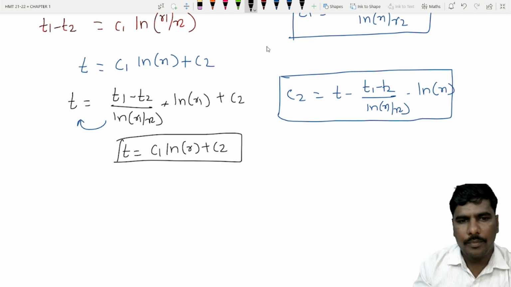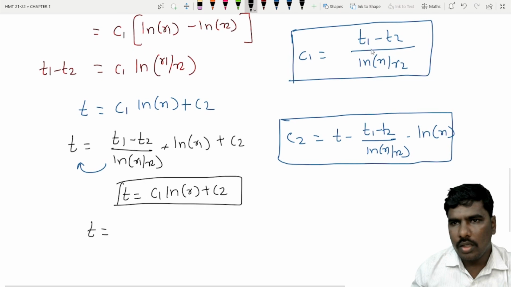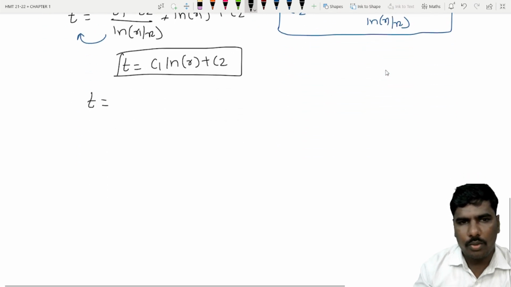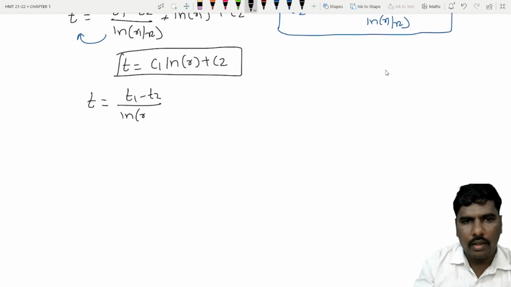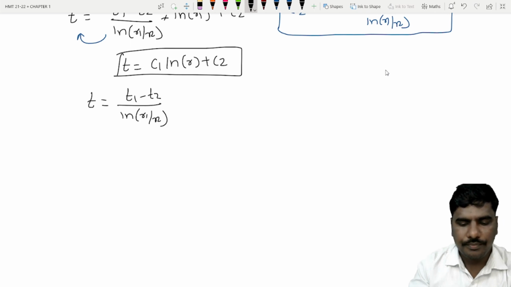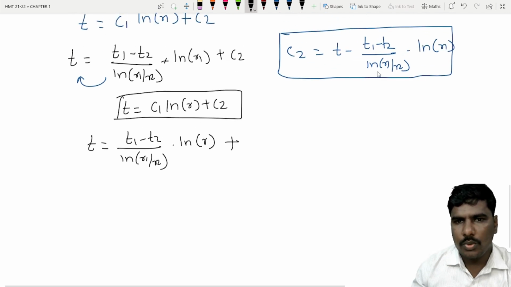Now we put the values here. T = (T1 - T2) upon ln(R1/R2) into ln R, which I keep as it is, plus the value of C2.